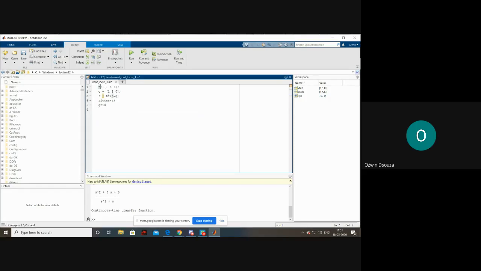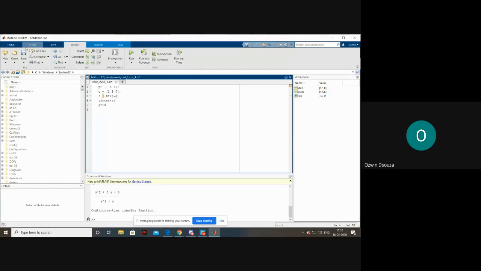Quickly to wrap up: enter the numerator polynomial coefficients, enter the denominator polynomial coefficients, construct a transfer function by typing transfer function of numerator comma denominator, that is p comma q, and then execute the root locus plot by writing this command, root locus of the given system, that is z.